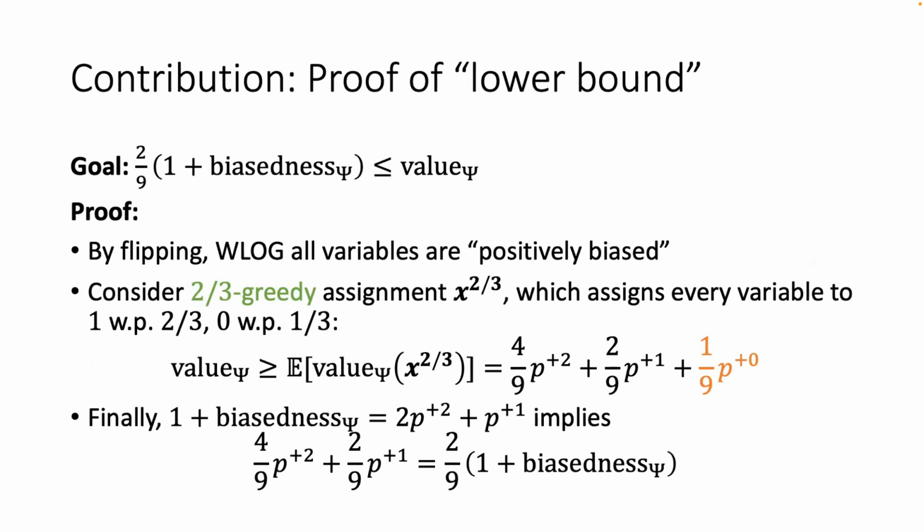Basically you take your instance and you just assign variables based on the sign of their bias, to 1 with some fixed constant probability and 0 with the remaining probability, independently. And those types of algorithms for some class of CSPs are optimal, at least in this square root n space setting.